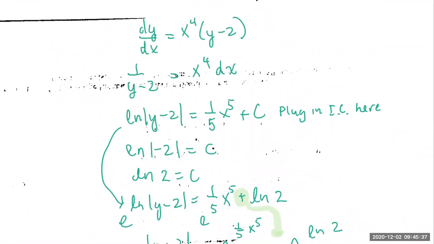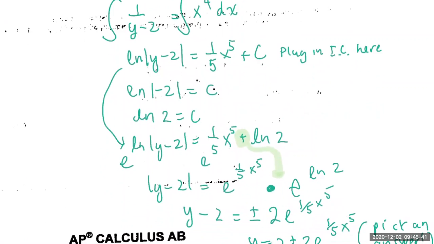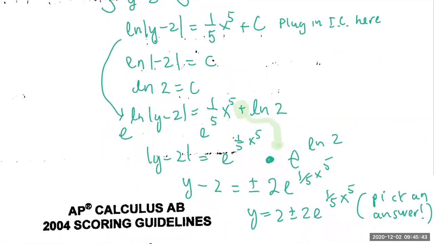So right after this step of integration, I would plug in the initial condition there and solve for C. And these are some mistakes that I noticed along the way. This plus symbol should be separated into 2 exponential expressions, in which case you have e to the 1/5 x to the 5th times e to the ln of 2. This becomes just the constant out front. So that's that e to the C part that they have.